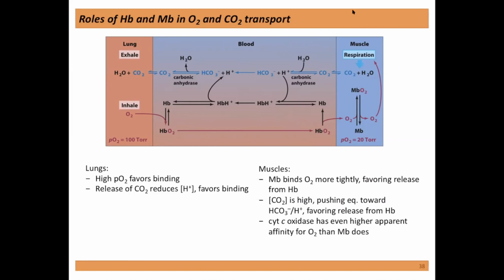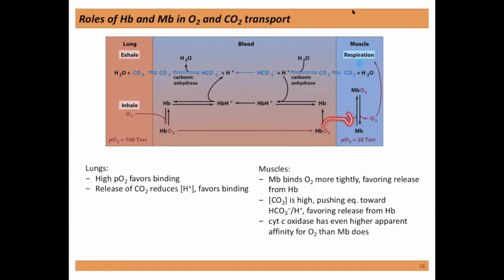So as the blood is being transported and picks up oxygen and goes down near the muscles here, it's going to release a little bit of oxygen. But if that oxygen didn't have anything to bind to, then that oxygen would just diffuse back and bind with the hemoglobin again. So we want to take advantage of essentially Le Chatelier's principle again.